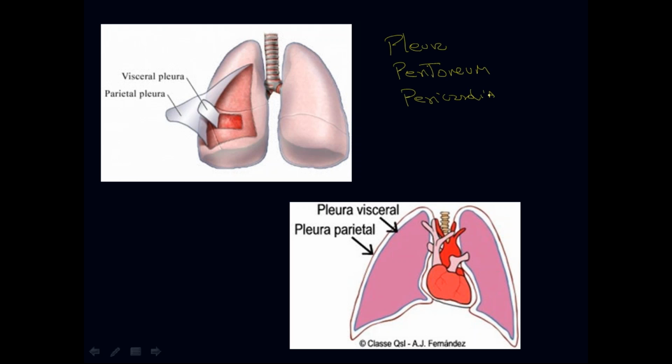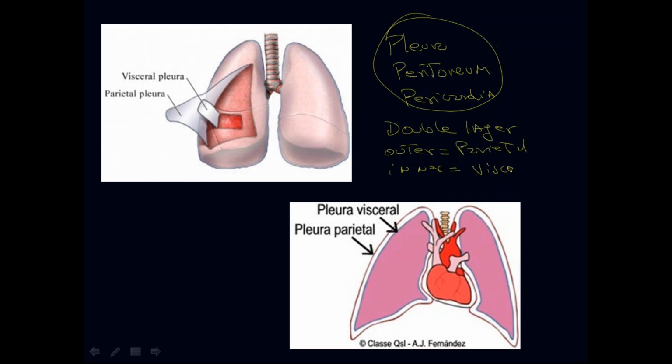Each of them has a double layer. The outer layer is the parietal, and the inner layer is the visceral. Please, visceral. Viscera means organ, okay?